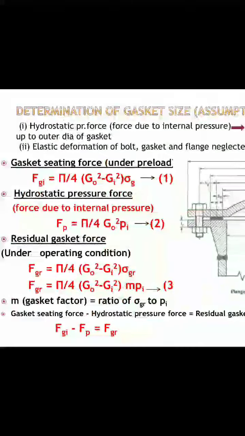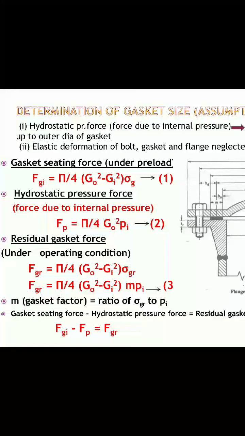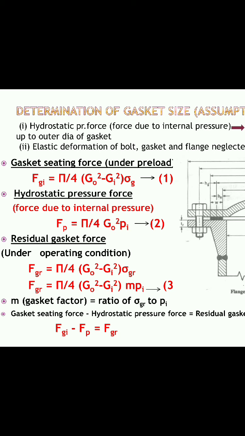So the gasket setting force under preload, that is FGI is equal to pi by 4 (GO square minus GI square) into sigma G. Let us consider it as equation number 1. Next, hydrostatic pressure force. This is the force due to internal pressure.